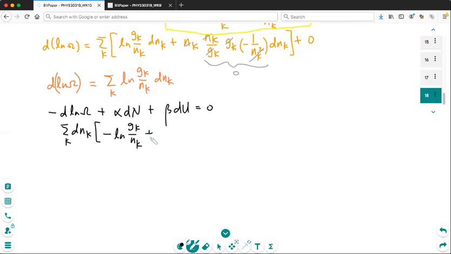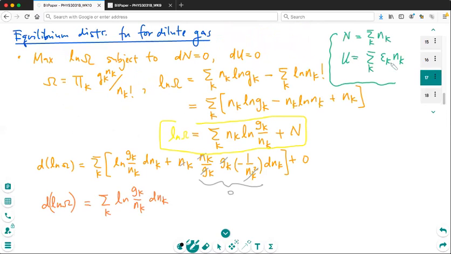Plus, what is dn? dn is sum over dnk. So this is alpha, and beta. U is the sum over this product, so du will be sum over epsilon k dnk.